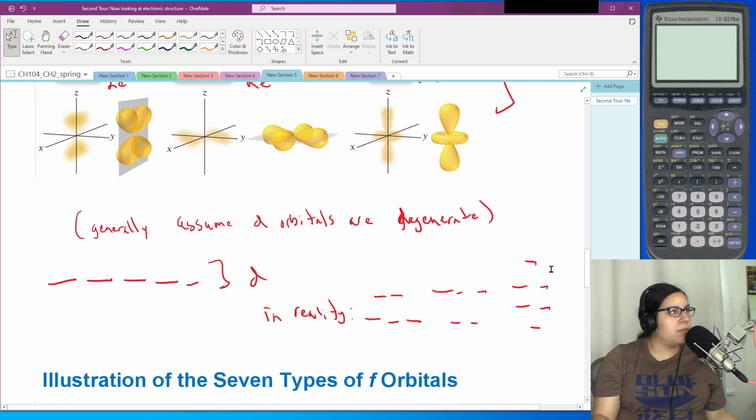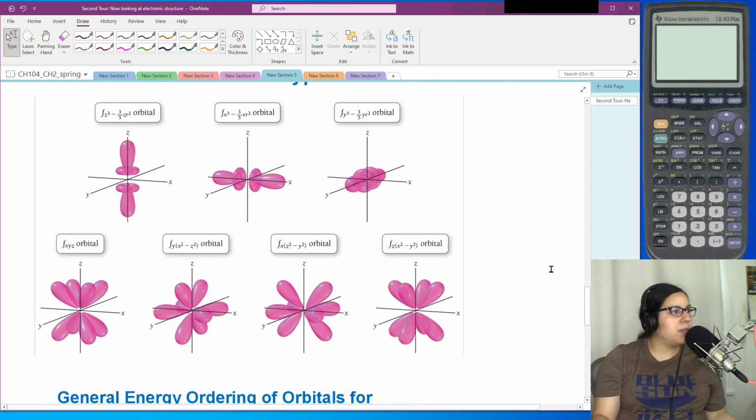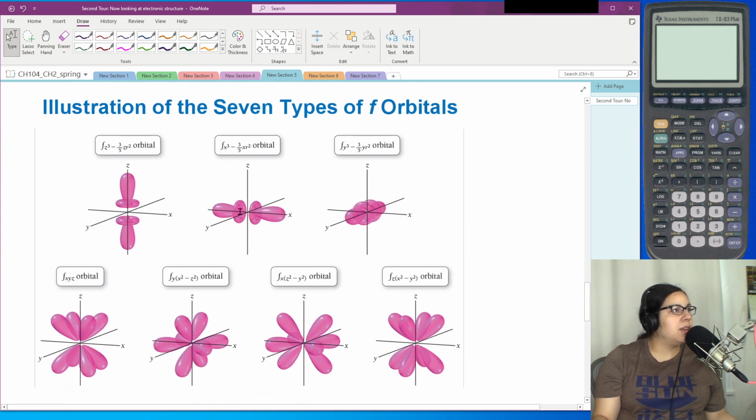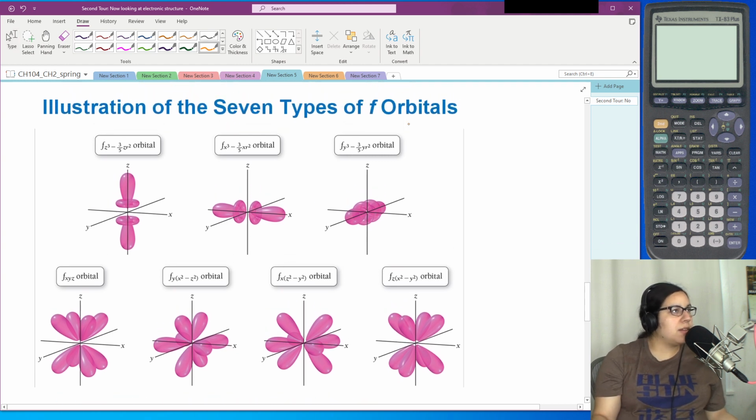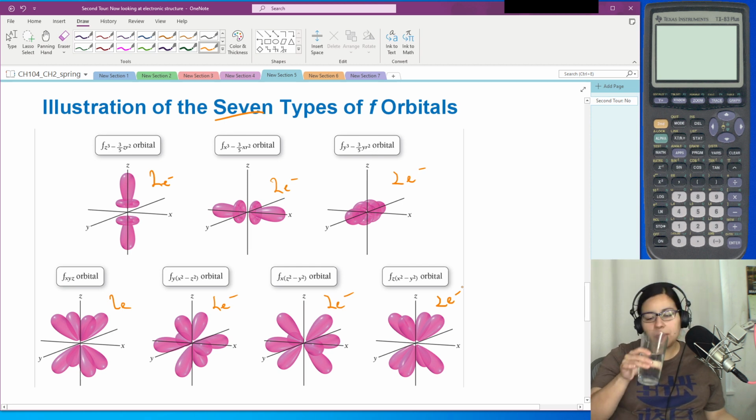You can generally draw the d orbitals. F orbitals are a little bit more complicated. Notice that there are 7 of them. Each of them, again, is going to hold 2 electrons. And so how many total does that give you? How many total electrons are in our f orbitals?